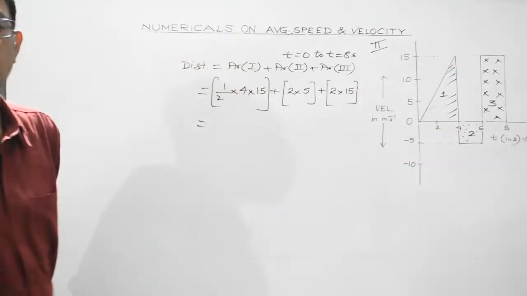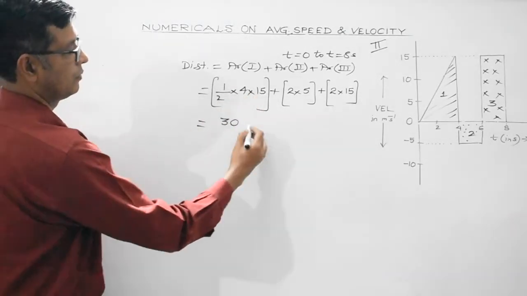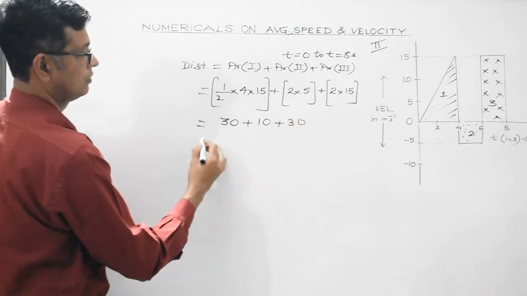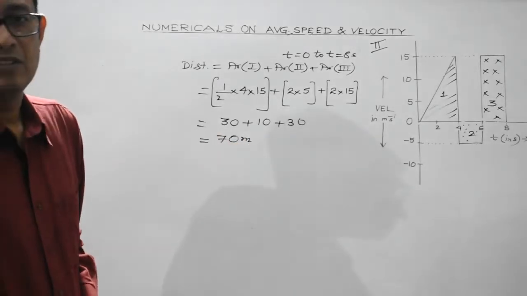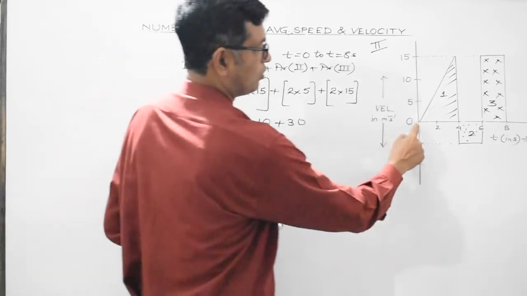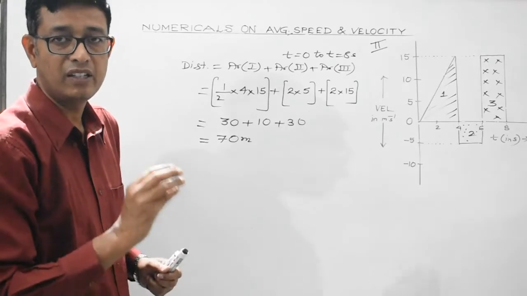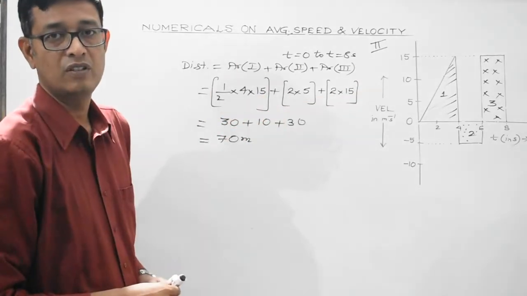So, we can easily solve it. So what I get is 30 plus 10 plus 30. So it is 70 meters. So, distance covered by the body between the interval t equals 0 to t equals to 8 seconds is 70 meters. We simply need to add up the areas of those shaded portion.